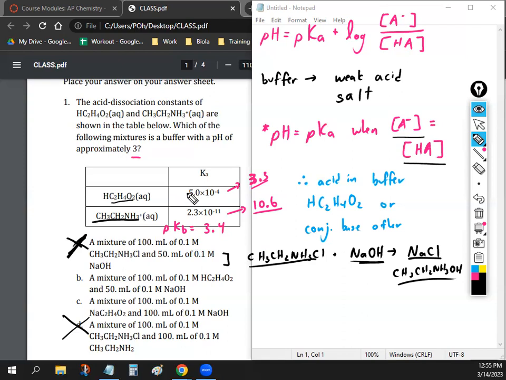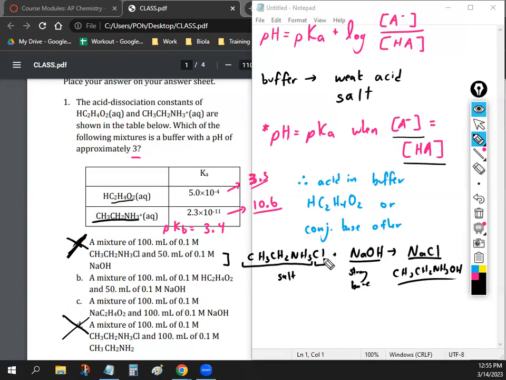Why wouldn't it donate an H, and why does it accept the OH? Because this is going to be a strong base, and this is going to be a salt. You can tell because this is your cation, and this is going to be your anion, Cl.